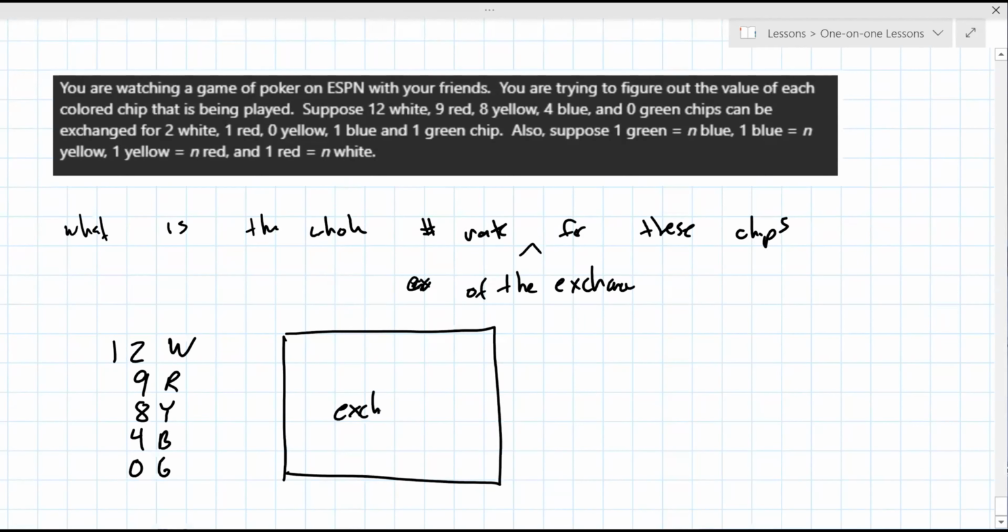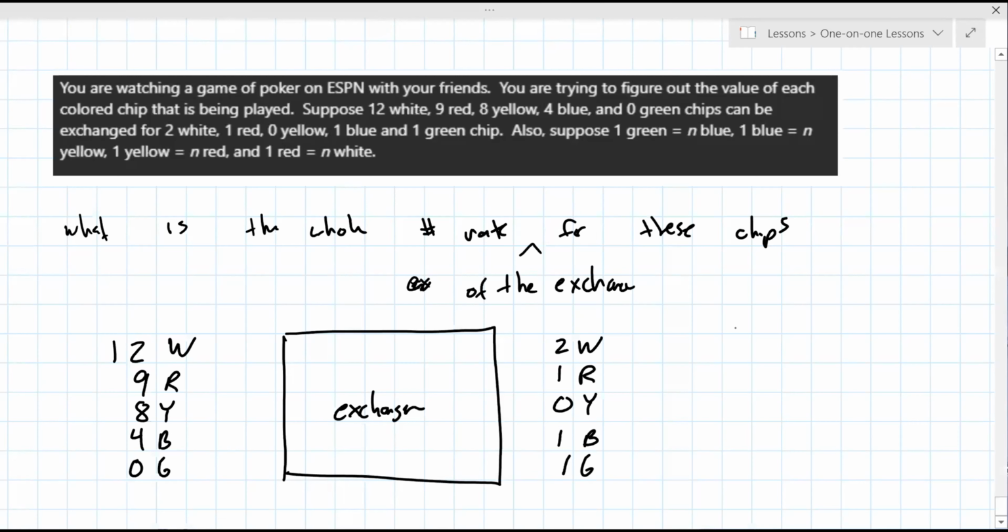And if I throw all these in, I get 2 white, 1 red, 0 yellow, 1 blue, and 1 green. And I don't understand this because why would I go from 12 to 2? But maybe I'm missing something. Maybe they're worth more.